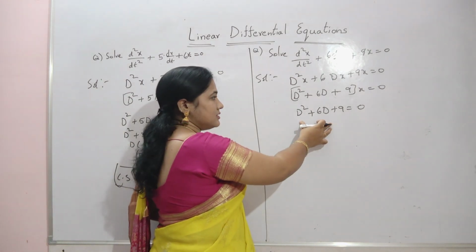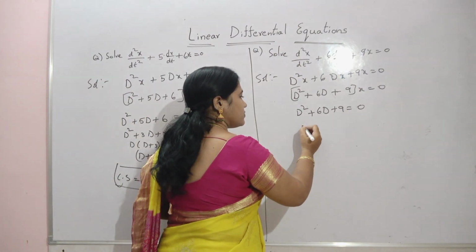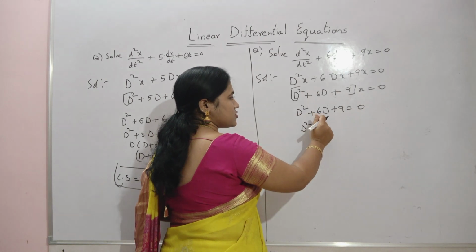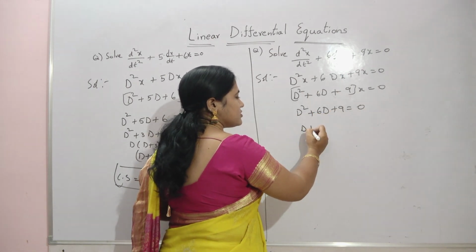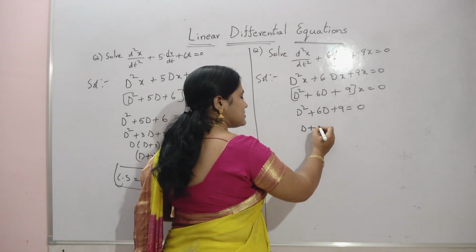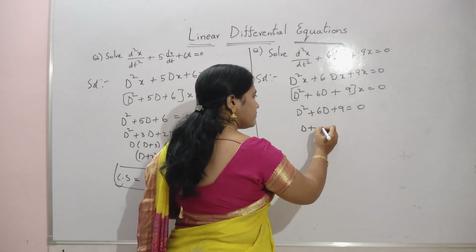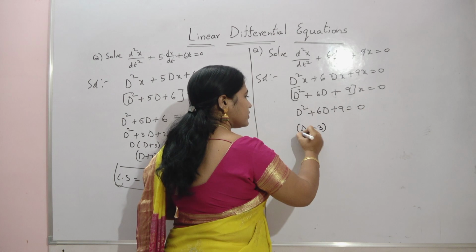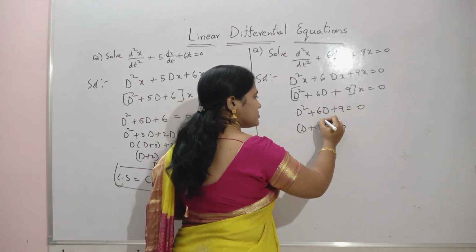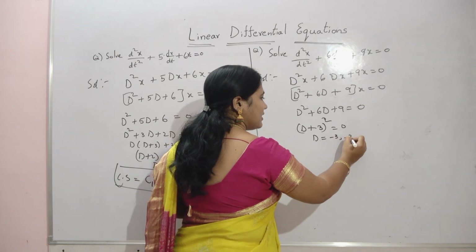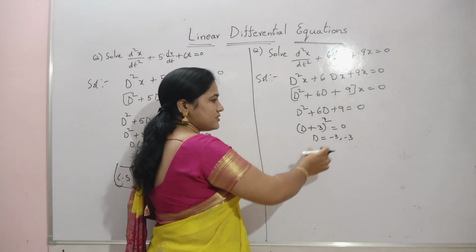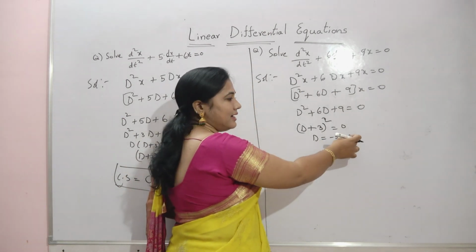Then find the roots. So this is a square plus 2ab plus b square, the a plus b whole square formula. So a plus b, D plus 3 whole square equals 0. So the roots are minus 3 and minus 3. So here the roots are real and equal.